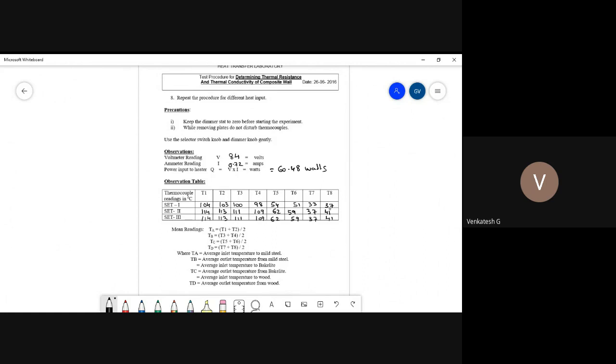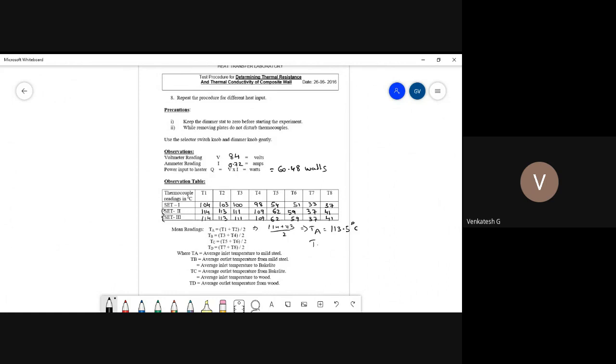Now by seeing set 2 and set 3, we can say that the system has reached steady state, because the temperatures are not changing with respect to time. Now coming to the mean readings, the first two thermocouples are mounted on the heater side, which indicates TA, the average inlet temperature to the mild steel. TA is (T1 plus T2) by 2, that is (114 plus 113) by 2, which is 113.5 degrees centigrade.